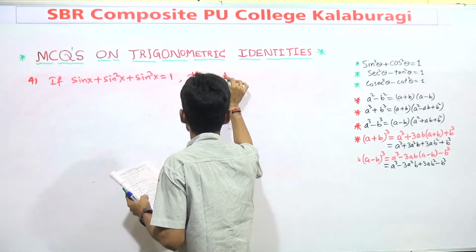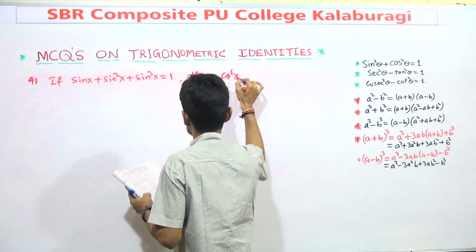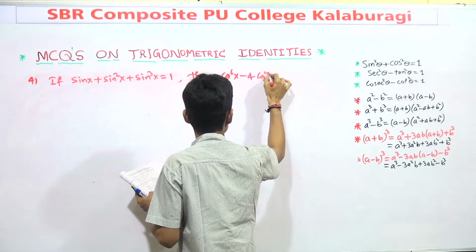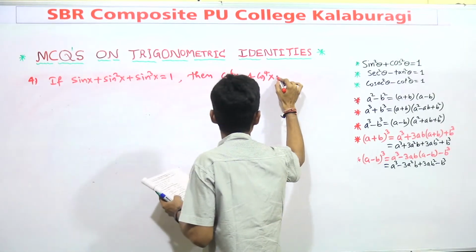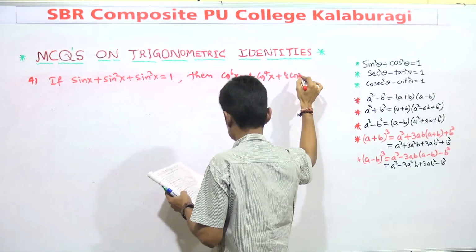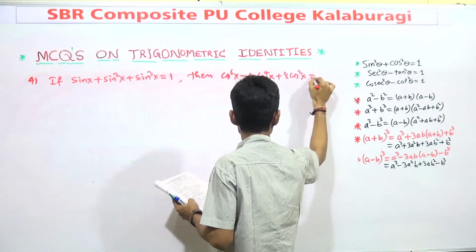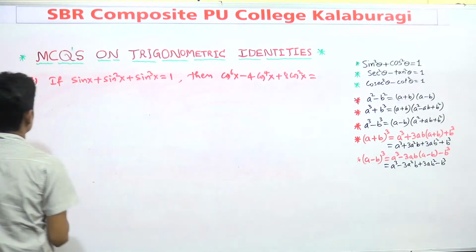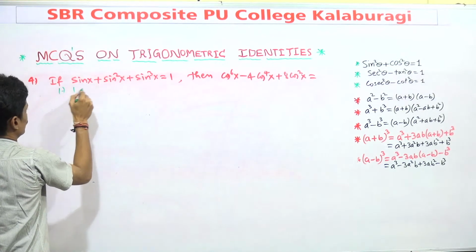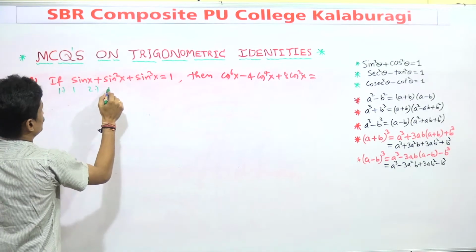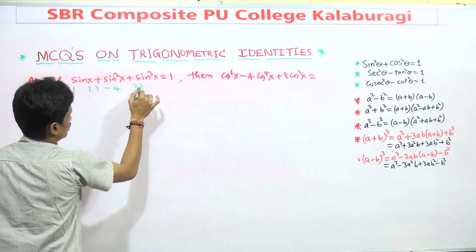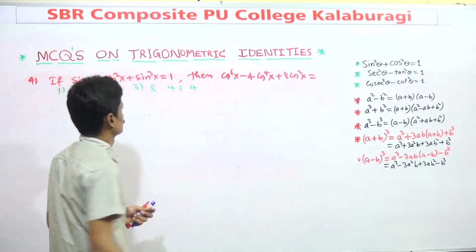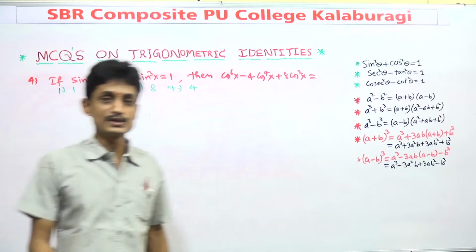That is cos power 6x minus 4 times cos power 4x plus 8 times cos square x equals, option number 1 is 1, option number 2 is minus 4, option number 3 is 8, option number 4 is 4. Among these 4 options, which one is correct?